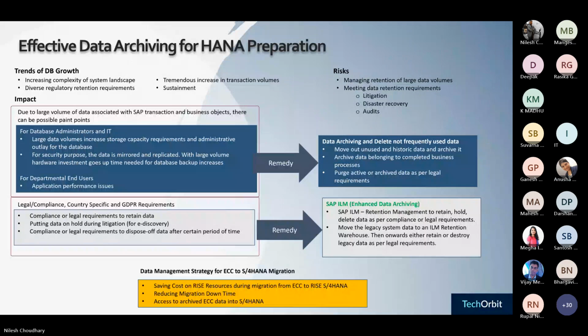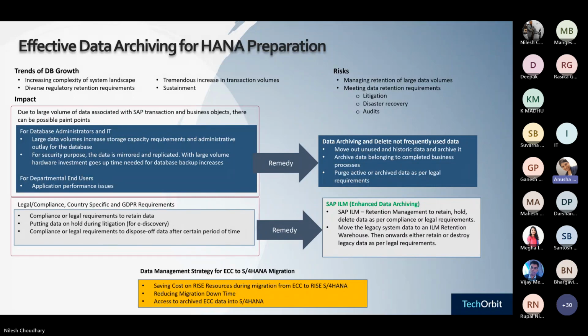But from the HANA preparation perspective, SAP is now insisting that every client do data volume management, whether it is archiving or deletion or SAP ILM. They are suggesting to their clients that before moving to HANA, make your database leaner, cleaner, and ready for easy backup or easy migration to the HANA system. That is a very key point for HANA preparation.